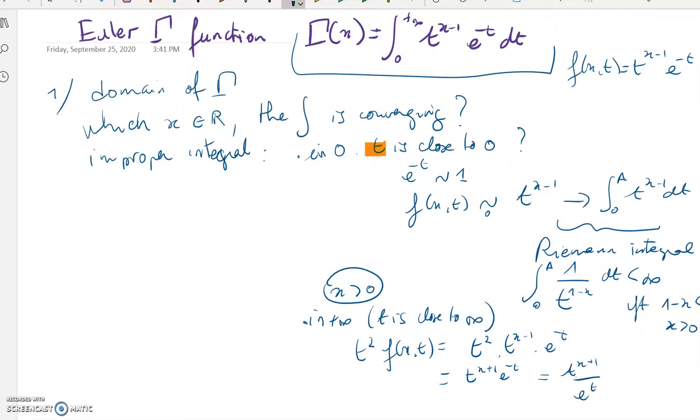What do we have as t tends to plus infinity as a limit? It tends to 0 by comparative growth. Whatever the value of x, if you compare the polynomial term to the exponential, it goes to 0.